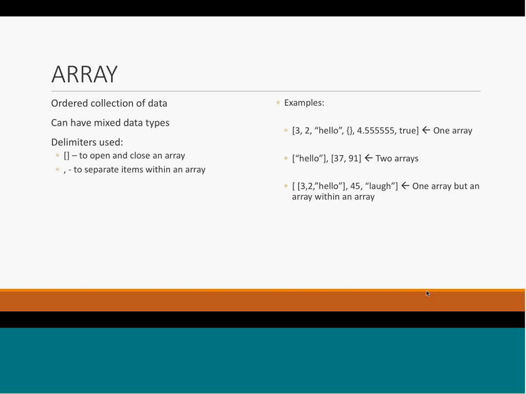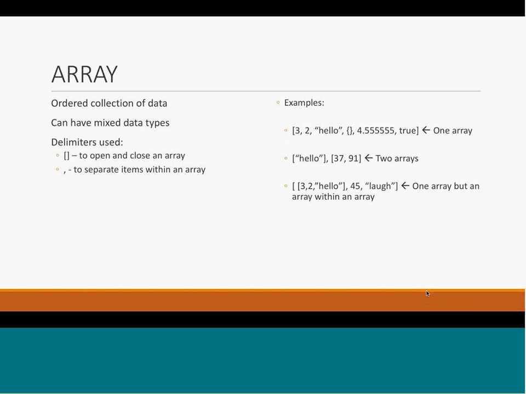An array is an ordered collection of data that can have mixed data types, and the delimiters used are the square brackets, which open and close an array, and a comma that separates items within an array. For example, the first one is one array. How do we know? Because it's just one set of square brackets that opens and closes it.